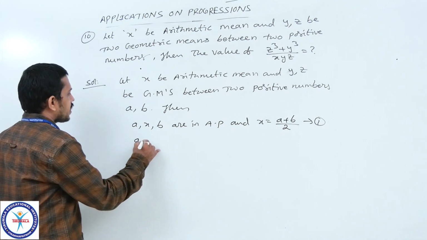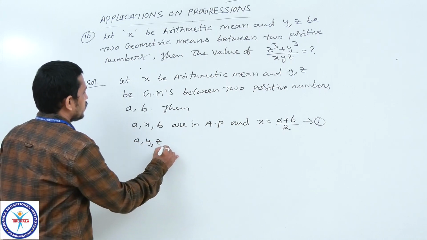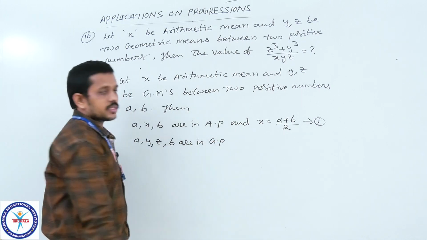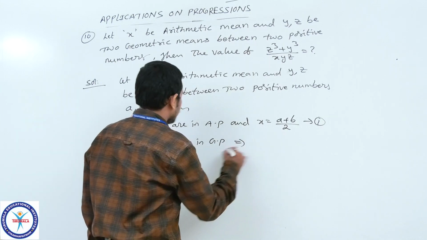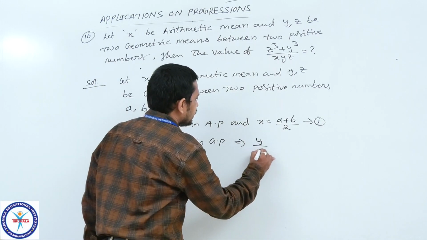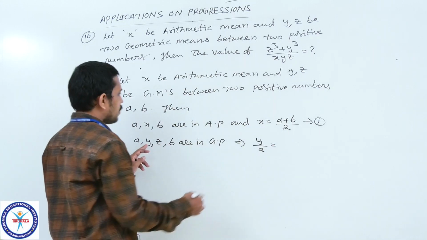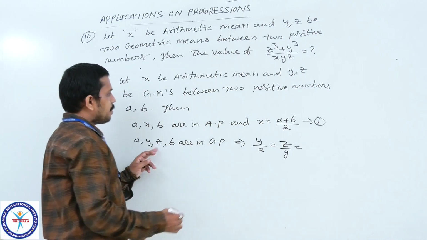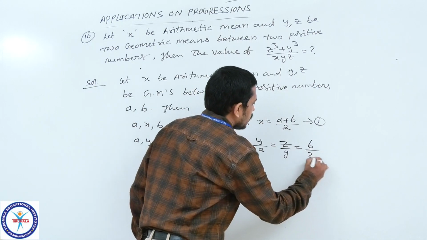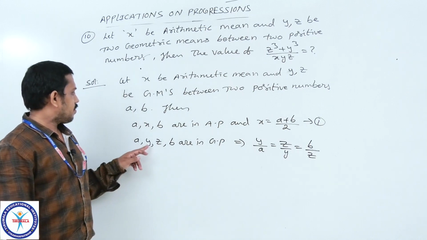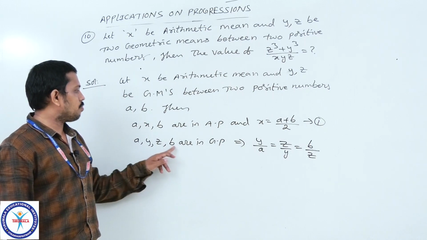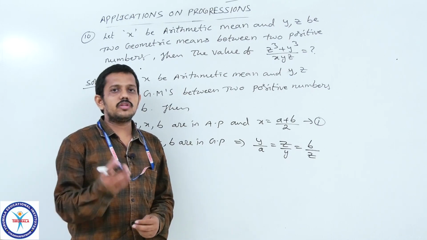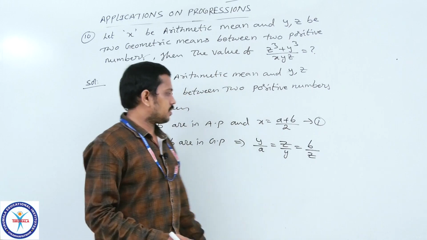So therefore a, y, z, b are in geometric progression, which implies y by a is equal to z by y, which is equal to b by z. Means here y by a is equal to z by y is equal to b by z, because they are in geometric progression. Therefore the ratio between any two consecutive terms is constant.